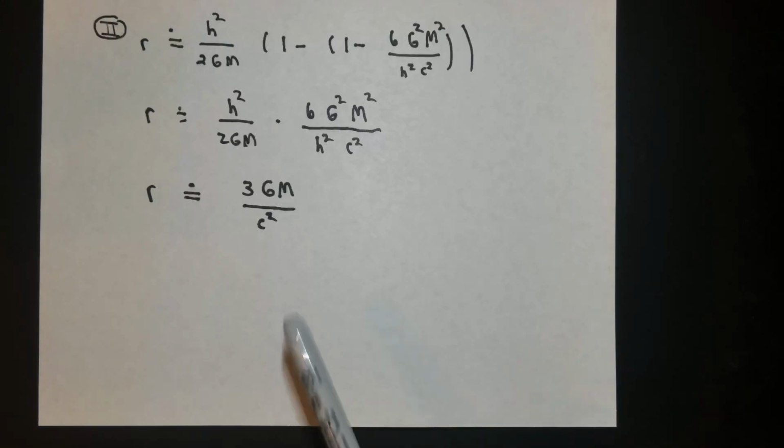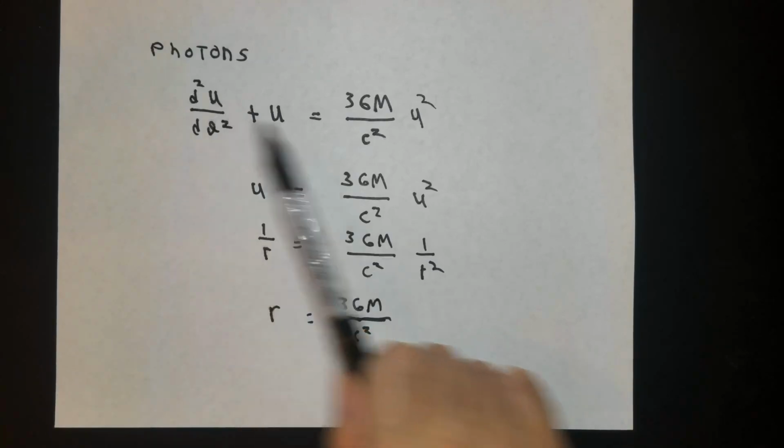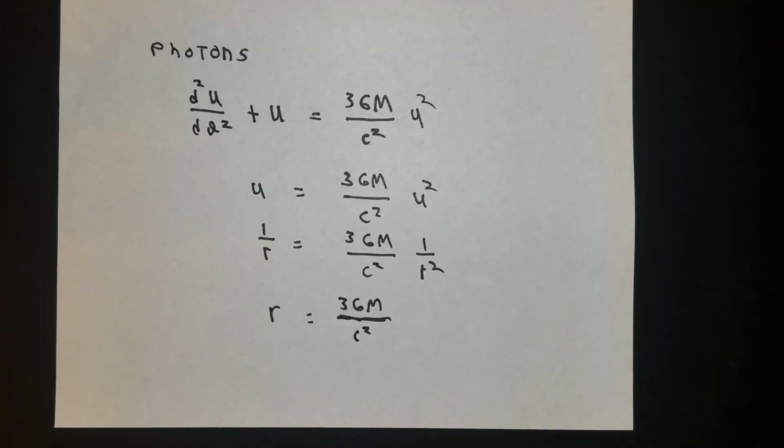It's this other thing. We figured out that the equation for a geodesic of a photon was this equation. Then once again, we ask ourselves, what would it mean for the r coordinate to be constant?